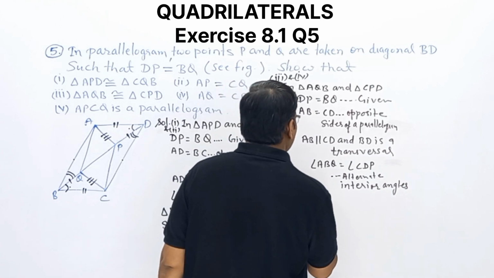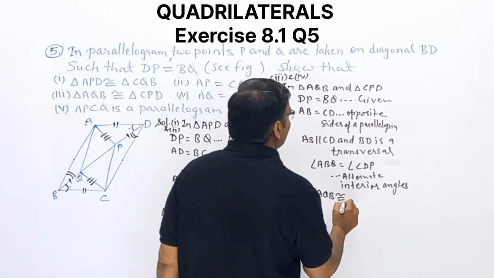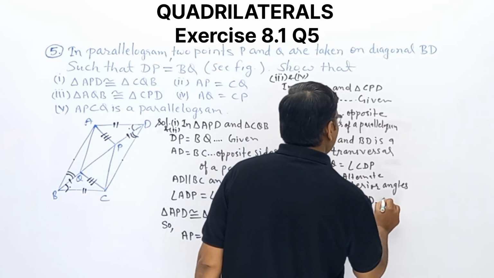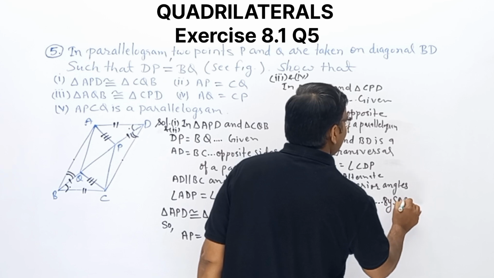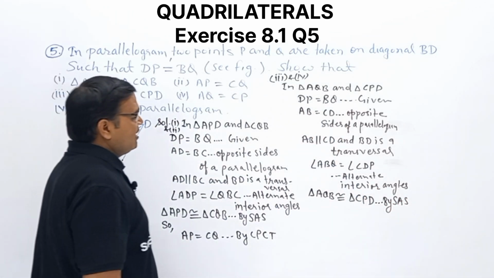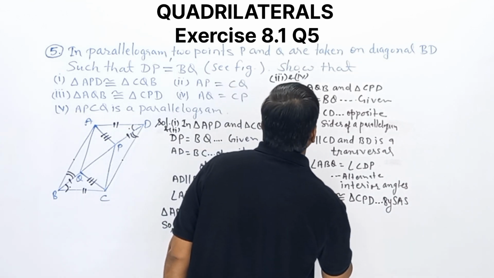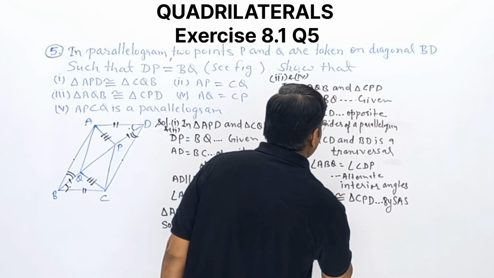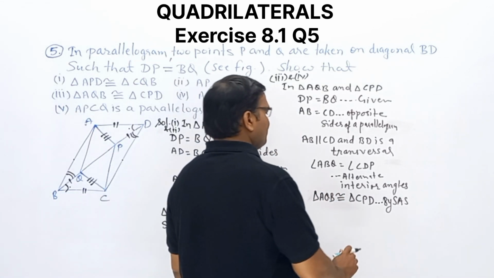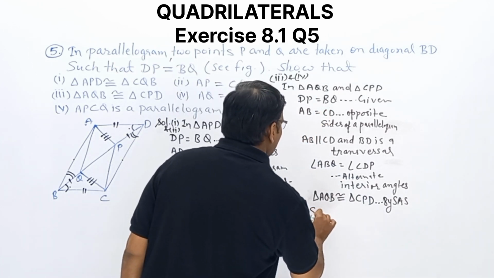So we can say triangle AQB is congruent to triangle CPD by side angle side congruence rule.